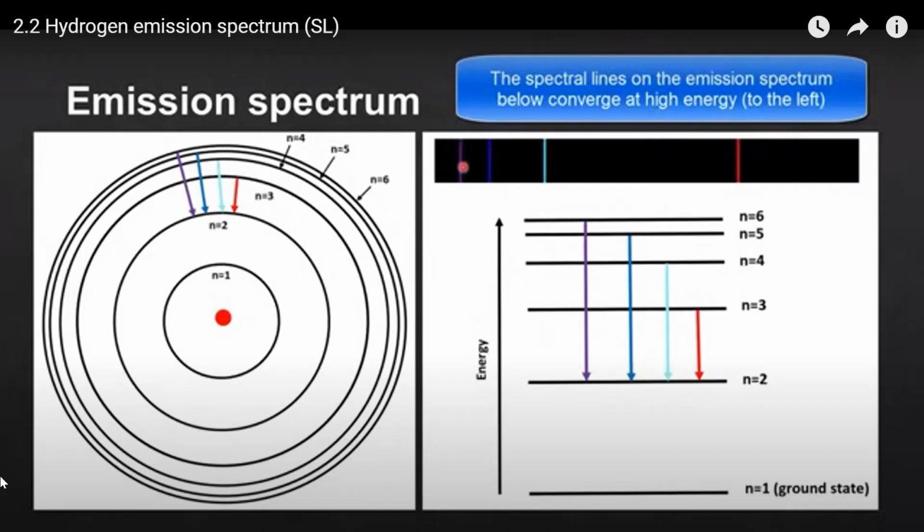This is how you can tell the difference between an absorption spectrum and an emission spectrum. In an absorption spectrum, you have the full spectrum and only certain wavelengths are absorbed.